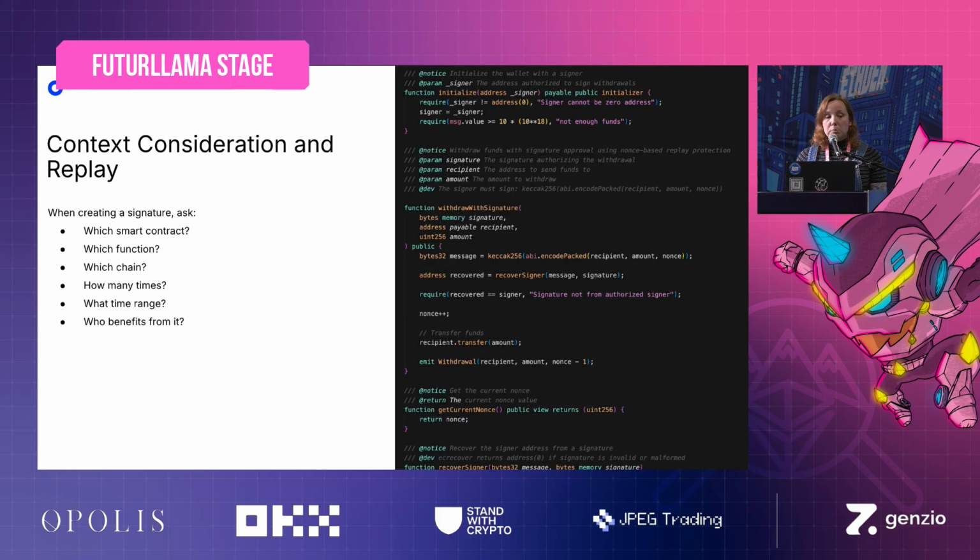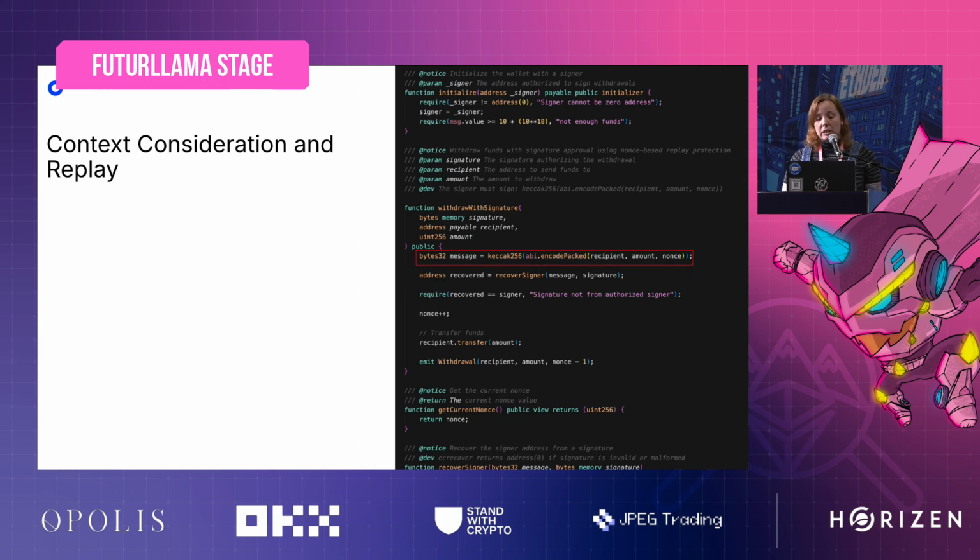Let's get into replay here. When we're considering replay, we need to be asking ourselves, what is our signature meant to be used for? What smart contract, what function, what chain, how many times, who benefits from it? These are all relevant questions. So if we first consider what we have here, a message is being composed of a recipient, amount, and a nonce.